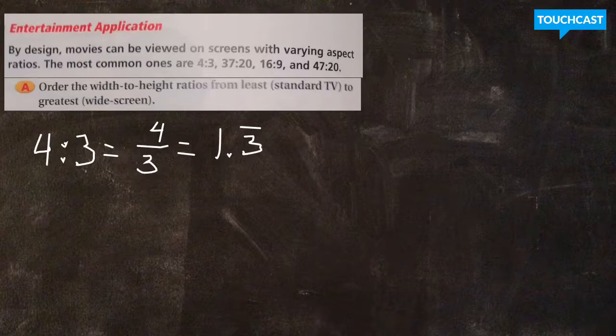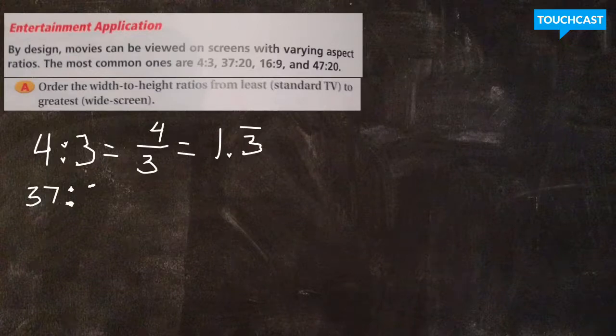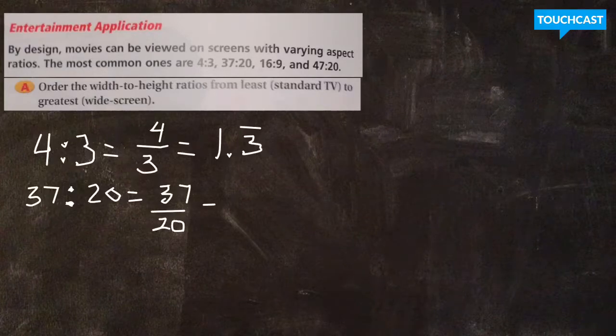Now let's look at 37:20. Well, we can write that as 37/20. And if we do the division, that's going to give us 1.85.